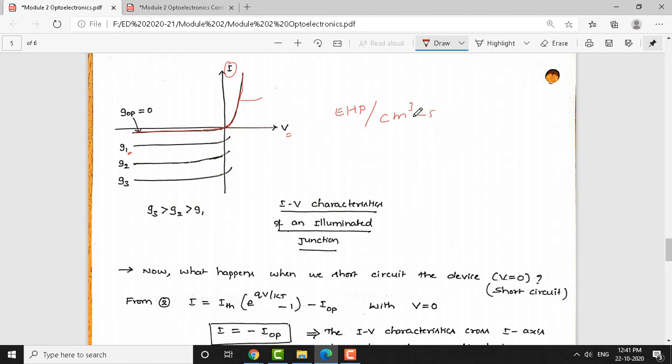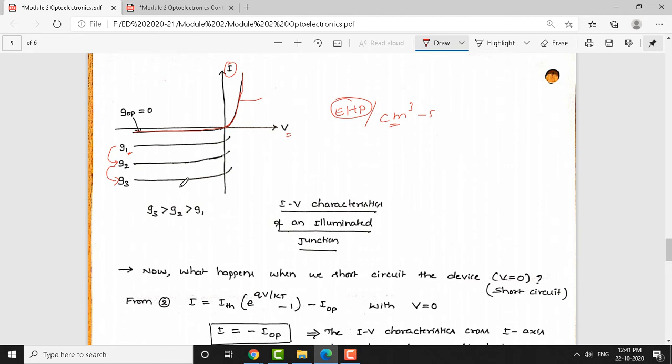So, in 1 second, in 1 cubic centimeter, how many electron hole pairs are generated, that is the unit for GOP. As the number of photons illuminated onto the surface increases, this generation rate also keeps increasing. So, G1 to G2, G2 to G3, it keeps increasing.